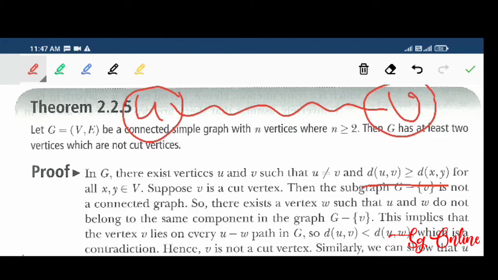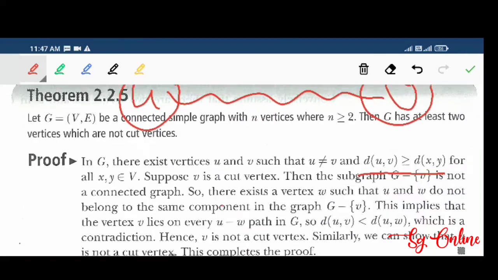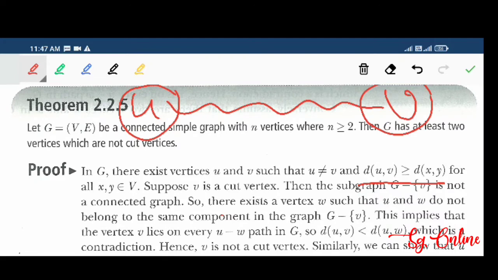Suppose on the contrary that V is a cut vertex. If we delete V from the graph, then since it is a cut vertex, the graph, which was connected, now splits into two components.